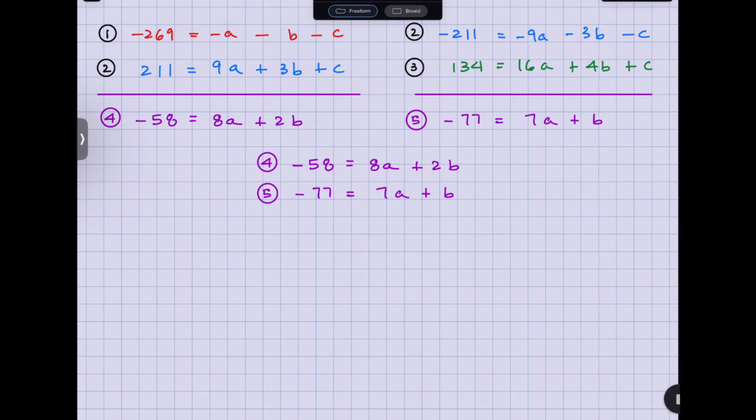All right. So here it looks like the easiest thing to do is eliminate b. So I'm going to go ahead and multiply this 5th equation by negative 2. So equation 4 stays the same.